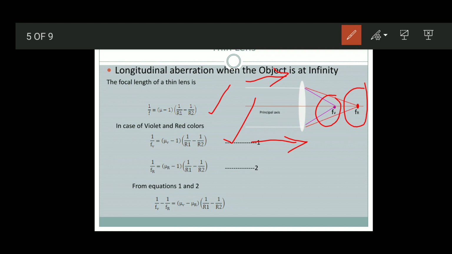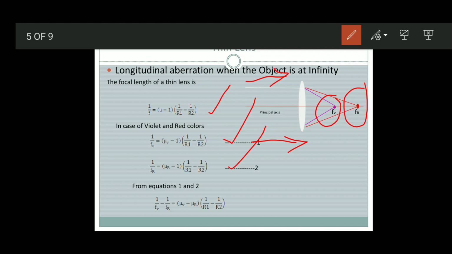In case of red color, the focal length equation can be written as 1 by Fr is equal to (mu R minus 1) into (1 by R1 minus 1 by R2), where Fr is the focal length of the lens for red color and mu R is the refractive index of the lens material for red color.